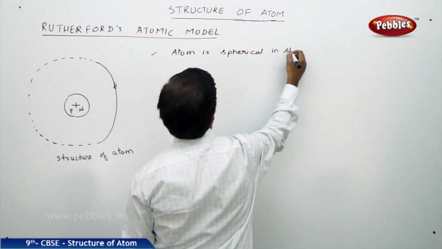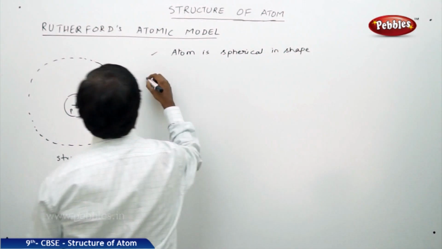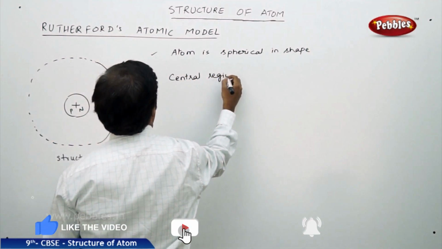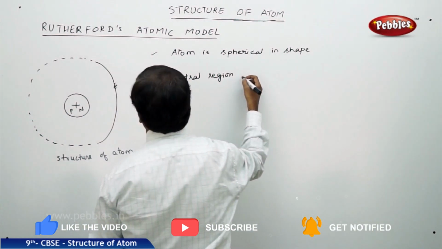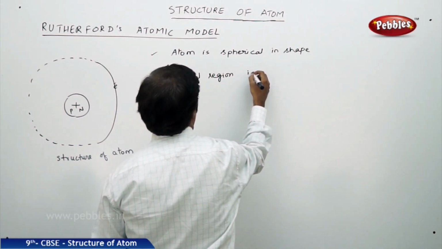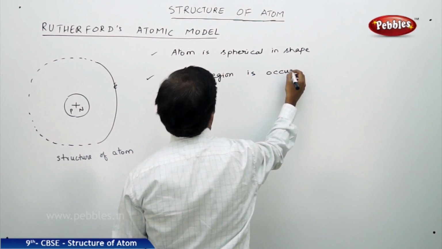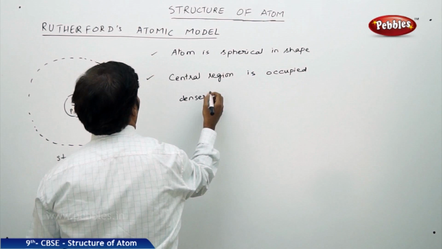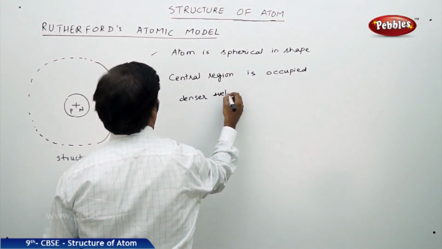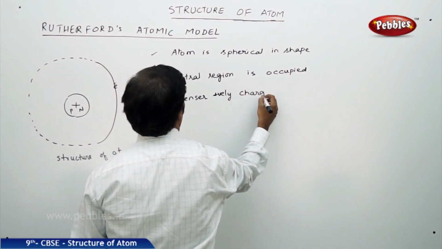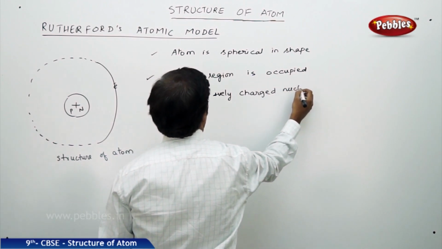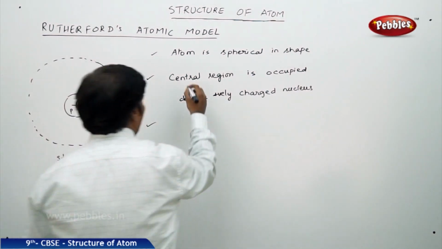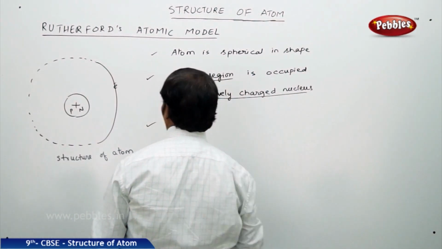Second point: the central region of the atom is occupied by a denser, positively charged nucleus.